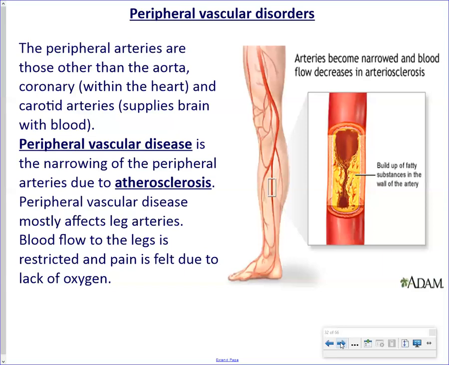It's not the aorta or the coronary artery or the carotid artery that supplies the heart or the brain. So it initially might not seem as serious because it doesn't cause a heart attack and it doesn't cause a stroke. But the buildup of an atheroma can restrict blood flow, and it can reduce how much oxygen is getting to certain cells within that part of the body, and that causes extreme pain.